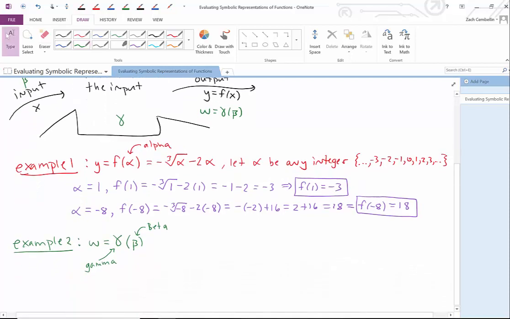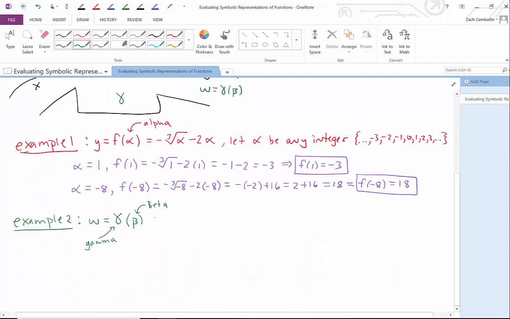So, having said that, we're going to make up a rule here. How about we call this half beta plus beta squared, maybe minus 3 times beta plus 1. So there's our function gamma of beta. And now we're going to pick a couple of different values to evaluate this at, just like the previous example. How about we pick beta is 2.